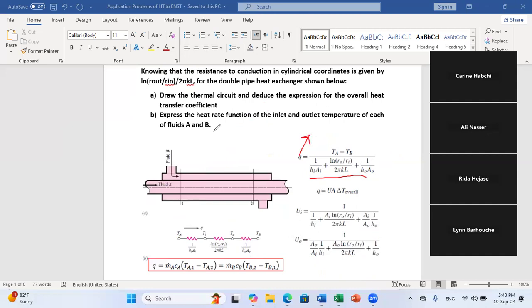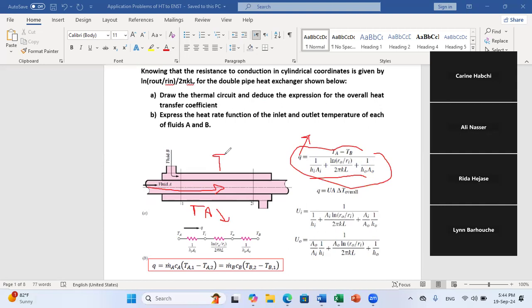Now, they are asking us not only to express the flow rate as a function of the resistances and the temperature difference, delta T, but also to express it as a function of the inlet and outlet temperature of fluids A and B. Here it is to be noticed that as fluid A is moving through the heat exchanger, its temperature will decrease while TB will increase.